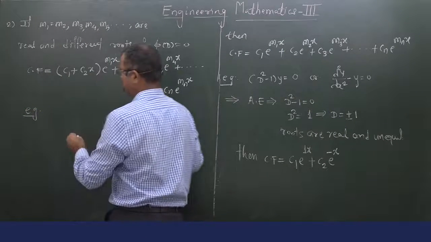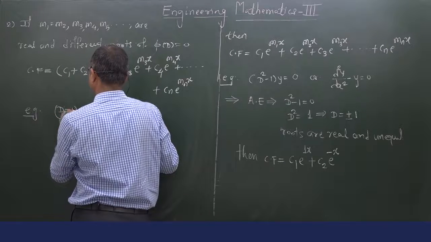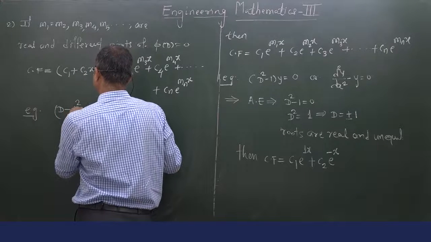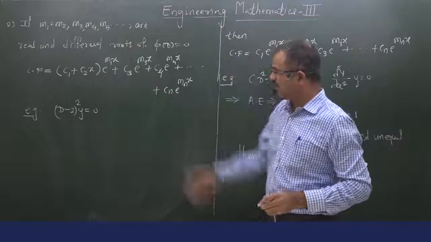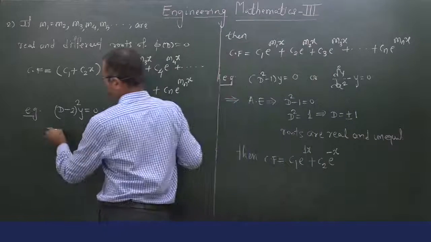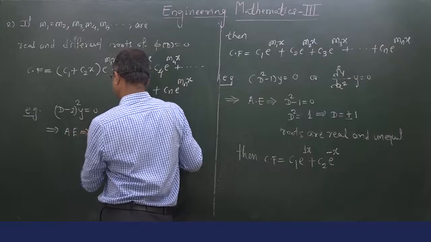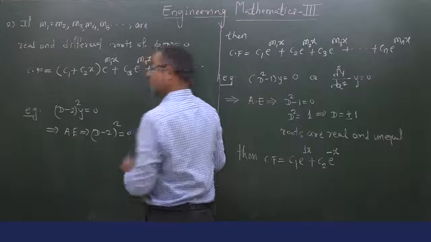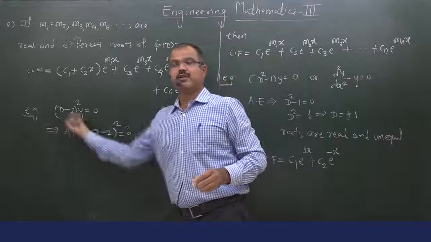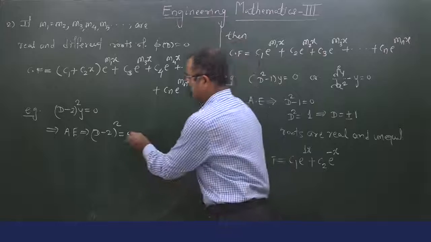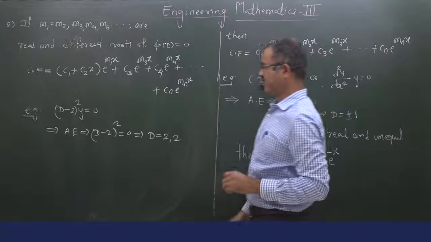For example, if I have been given such type of equation (D minus 2) whole square y equal to 0, then here the auxiliary equation is (D minus 2) whole square equal to 0. Auxiliary equation is what? (D minus 2) whole square equal to 0. Then the roots are 2, 2.